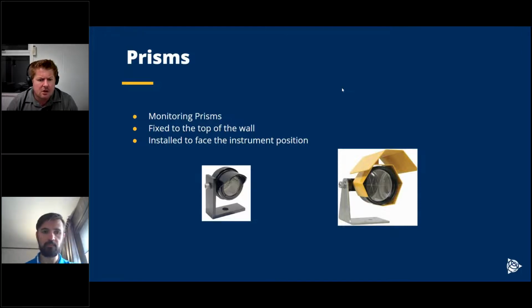They are fixed on top of the wall, and they're installed to face the instrument position. We have not installed any on the face of the dam wall, because it's quite difficult to get to. You have to abseil and such. So at the moment, we're just concentrating on the top of the wall.